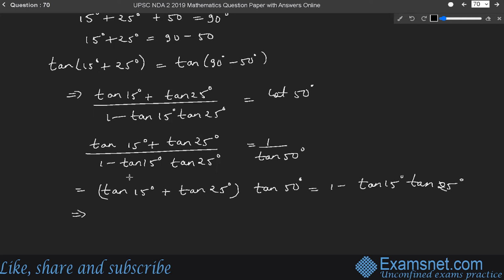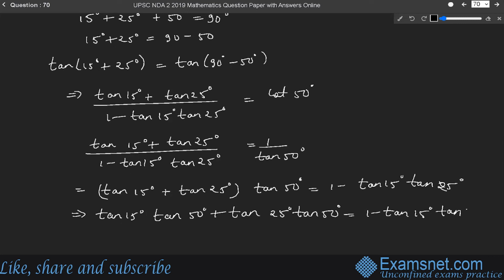Therefore, this will be equal to tan 15° × tan 50° + tan 25° × tan 50° = 1 − tan 15° × tan 25°.